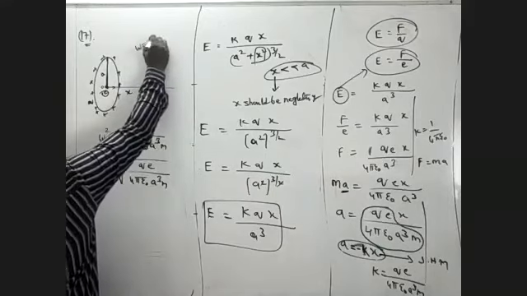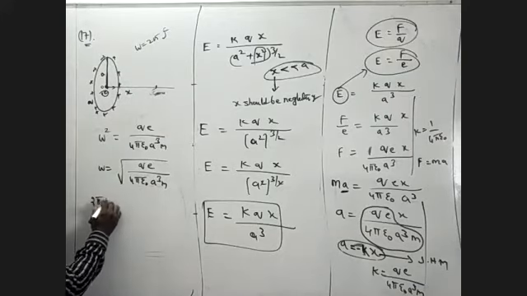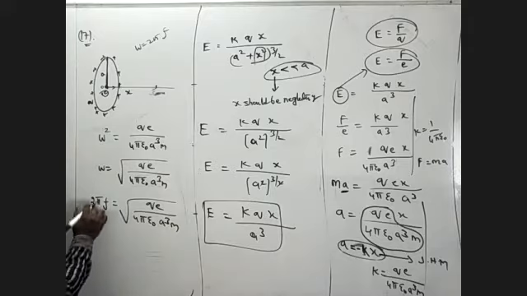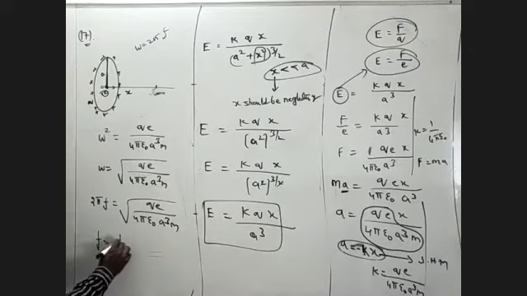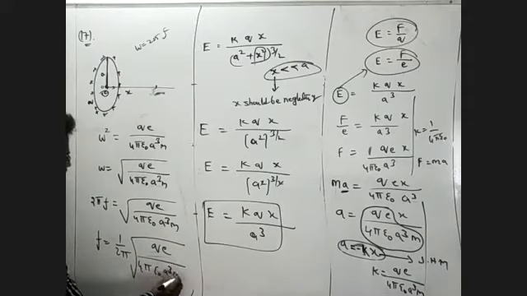Omega means 2 pi f. So 2 pi f is equal to root of Qq by 4 pi epsilon naught a cube m. So f is equal to 1 by 2 pi root of Qq by 4 pi epsilon naught a cube m. This is your answer.